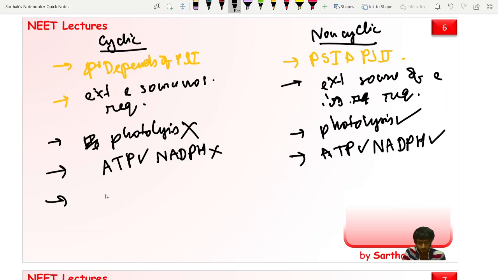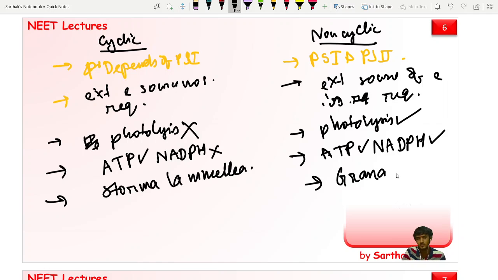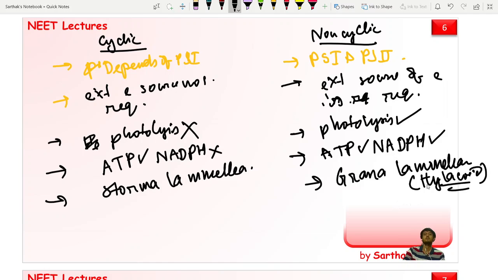In cyclic photophosphorylation, the reaction occurs at the stroma lamellae, and in non-cyclic, it happens in the grana lamellae, or we may call it thylakoid membrane, whatever you may call it, because the thylakoids are stacked to form grana, so both are almost synonymous here. So these are the main differences between non-cyclic and cyclic photophosphorylation, which we have to remember.